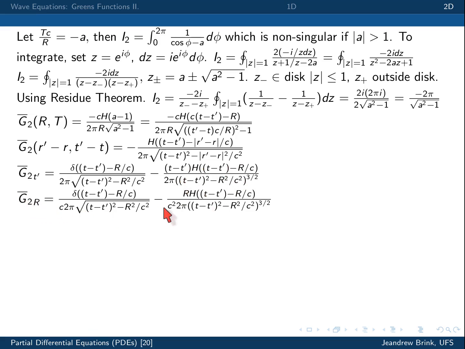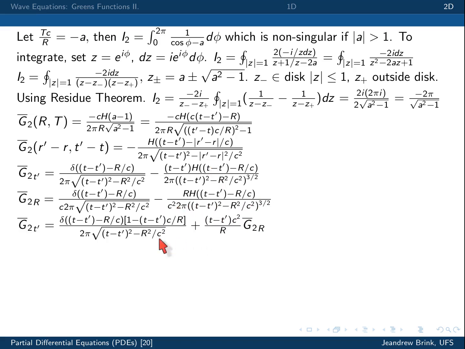So the approach here is to use this lower equation to define what h over (t minus t prime squared minus r squared over c squared) to the 3 over 2 is, and then we substitute that back into the above expression.